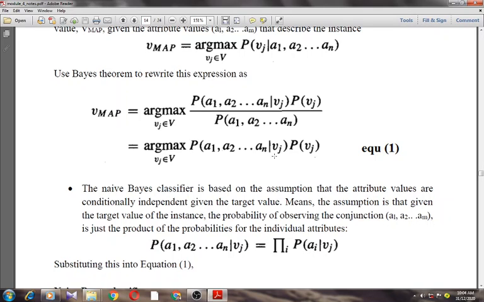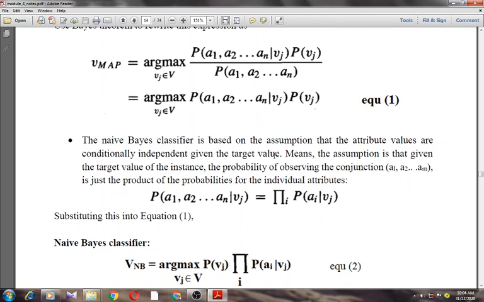In other words, the assumption is that given the target value of the instance, the probability of observing the conjunction a1, a2, and so on up to an is just the product of probabilities for the individual attributes, that is, P(a1, a2, and so on an | vj) equals the product over i of P(ai | vj).